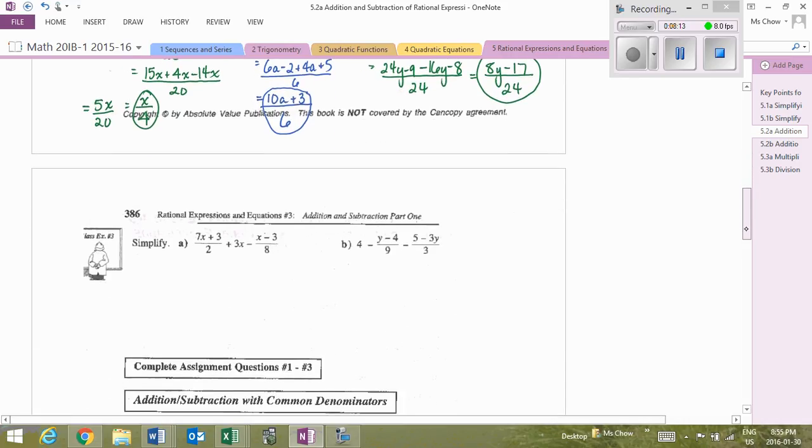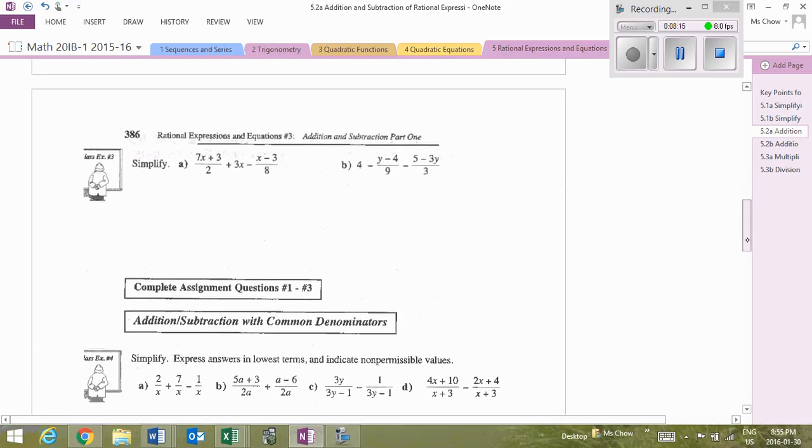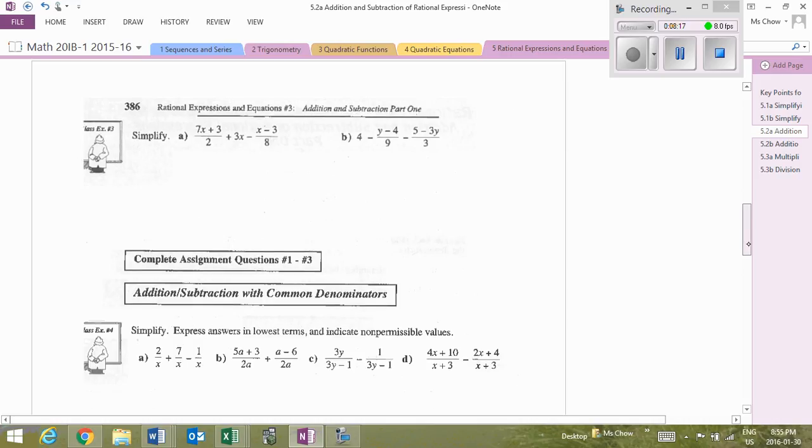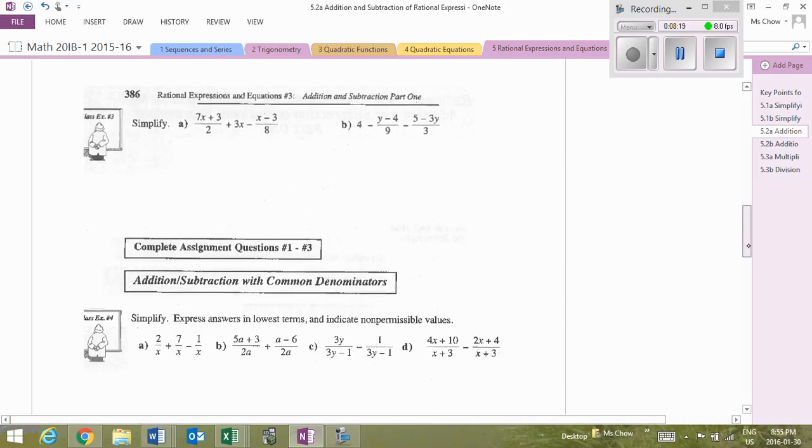Okay, let's go on to page 386 and take a look at those examples. So in this particular case, I'll just do example A. And so remembering with that 3x, the denominator is 1. So our common denominator is 8.